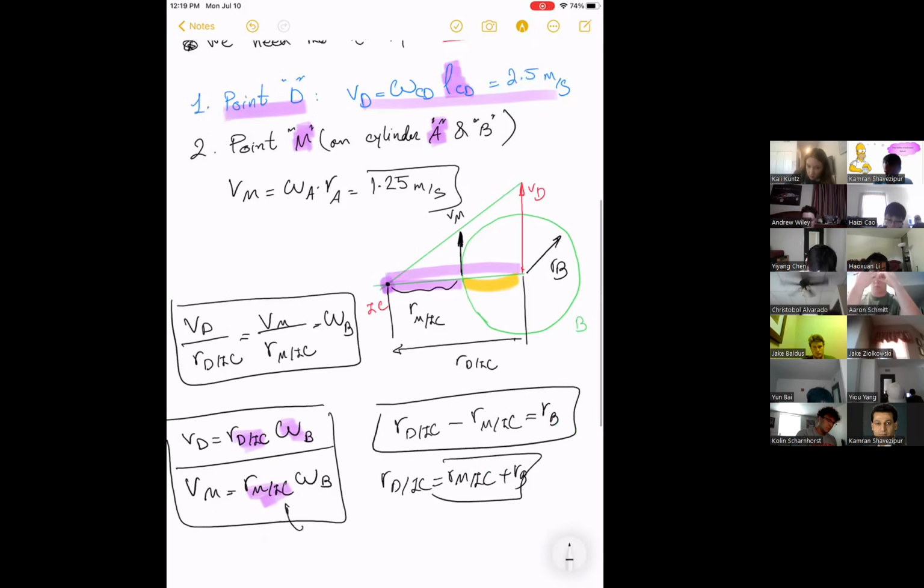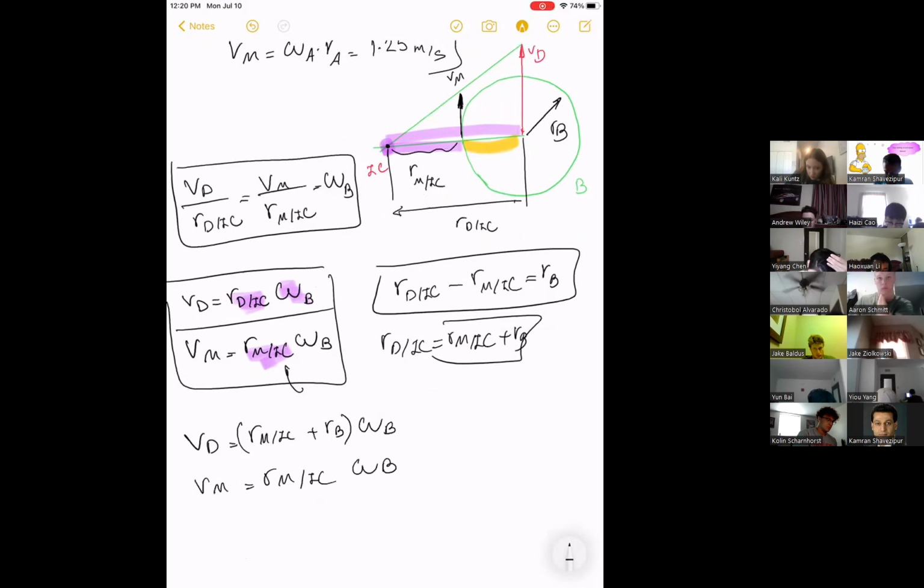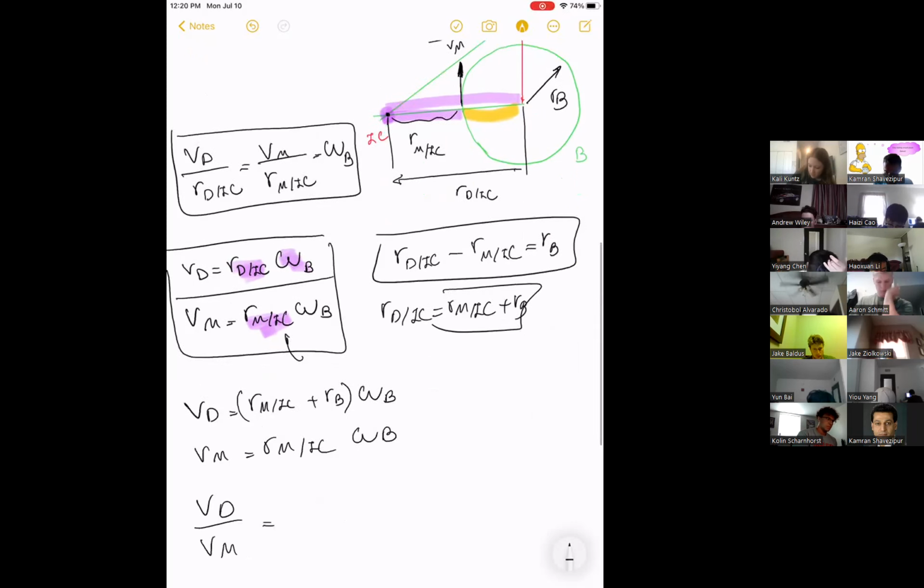You substitute here. So you're going to get VD is RMIC plus RB times omega B, and VM is RMIC omega B. If you eliminate omega B, you're going to get VD over VM is RMIC plus RB divided by RMIC.